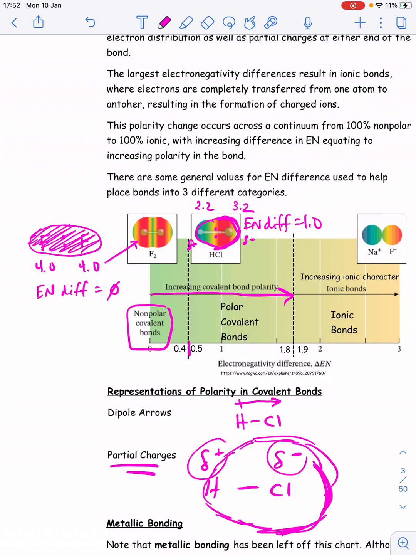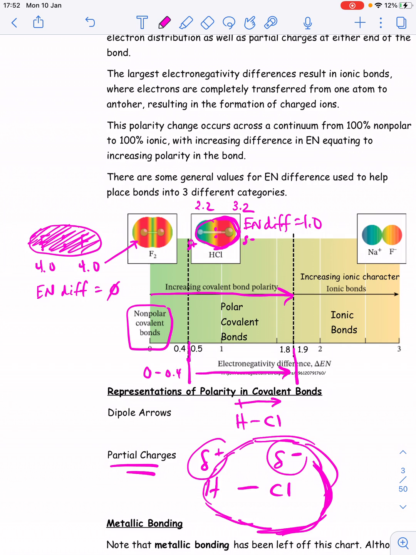And the ranges are that from 0 to 0.4 difference, you have what you call a nonpolar covalent bond. Even though a 0.4 difference would be a very slight polarity, we would refer to it as a nonpolar bond. If the difference is 0.5 up to 1.8, then we call that a polar covalent bond.